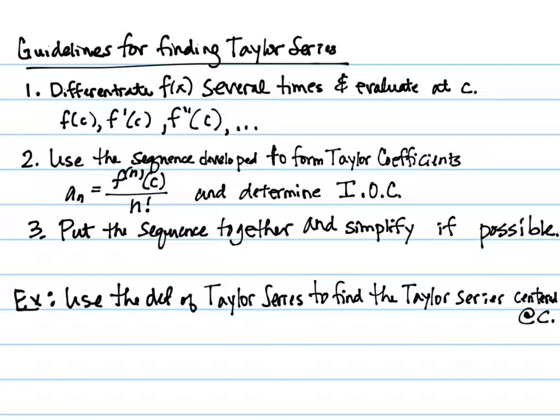And if c is equal to 0, we call it a Maclaurin series, but it's still a Taylor series centered at 0, so it's a special case. So our example is f of x equals e to the 2x. And we are going to do a c equals 0 one, so we're going to center it at 0.